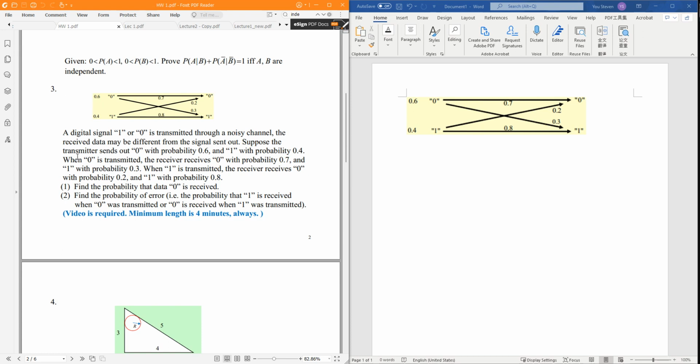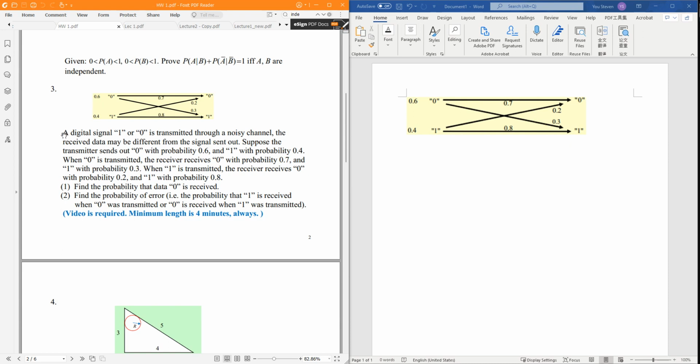So suppose that the transmitter sends out 0 with probability of 0.6 and sends 1 with probability of 0.4, and when 0 is transmitted, the receiver receives 0 with probability of 0.7 and 1 with probability of 0.3, and when 1 is transmitted, the receiver receives 0 with probability of 0.2 and can receive 1 with probability of 0.8.